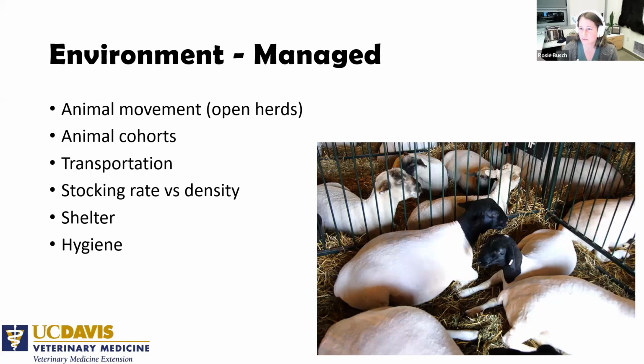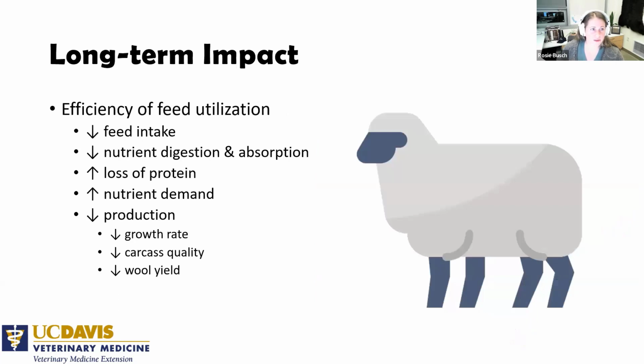Stocking rate has a little bit more to do with how long animals are in that space over a period of time. And that is important when we're talking about pasture management and exposure to certain diseases. Okay, and then the types of shelters we can provide, and then how we manage the hygiene of their housing.